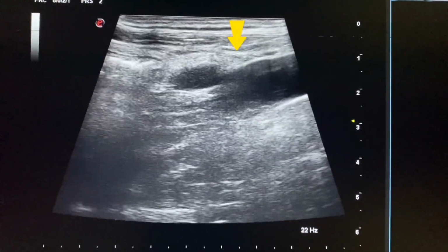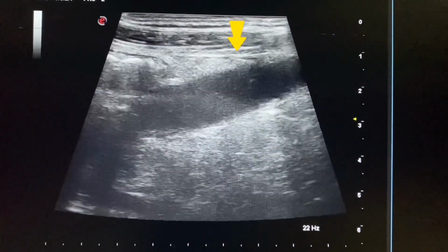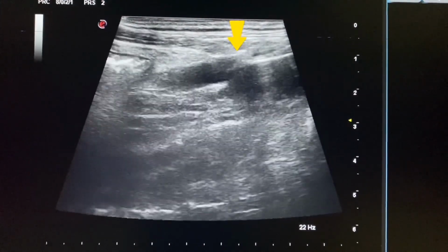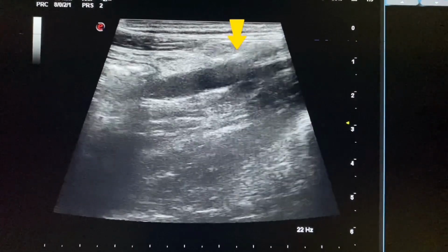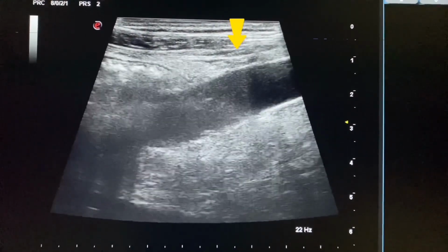When sliding the probe at its axis, we find out that these are two vessels, an artery and vein. These are the common femoral artery and vein.